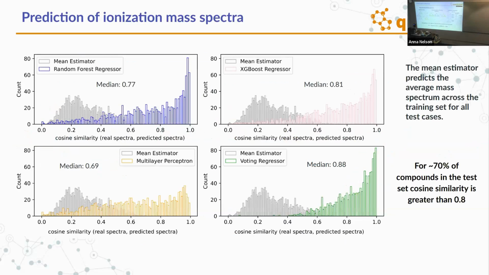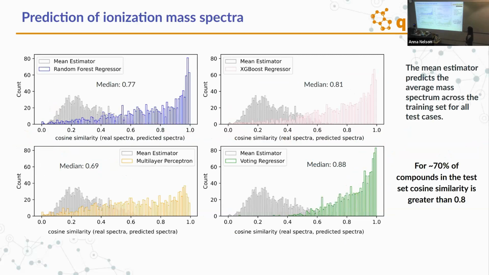Okay, so now I will show you some results. These are the distributions of percent similarities for each of these models and for the voting regressor too, on test data. The test data has never been seen by the model. It was trained only using the validation and training subsets.